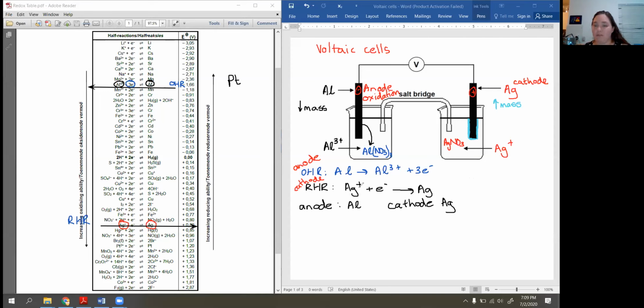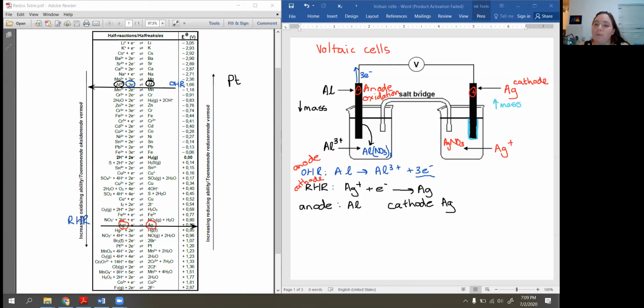Basically, you can think of this as when aluminium turns into aluminium 3+, it also gives off 3 electrons, so the 3 electrons leave. That means that the anode has an excess of electrons, which makes it negative. The electrons travel around to the positive, which is your cathode. So you may choose to memorize this, or you may choose to figure it out each time. I don't mind.